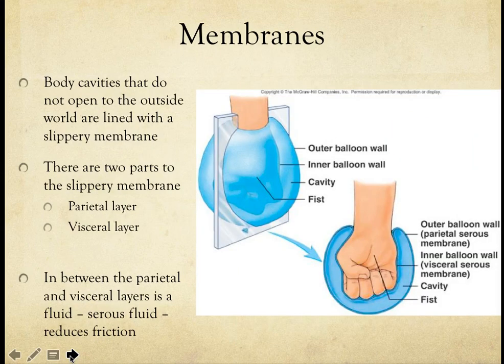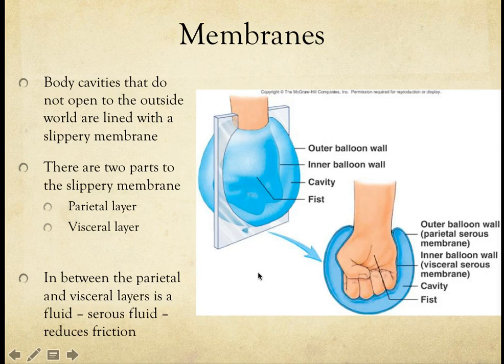Okay. These cavities are lined by membranes. Okay. There's two different layers to this. So as you can kind of see in this, they give you the analogy of a person punching into a balloon. So that inner part where you're punching into the balloon that would actually line the hand, that is considered the visceral layer, versus the outer layer that's not exactly touching the hand is considered the parietal layer.